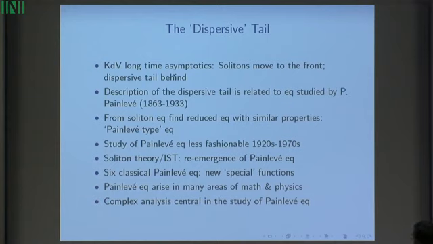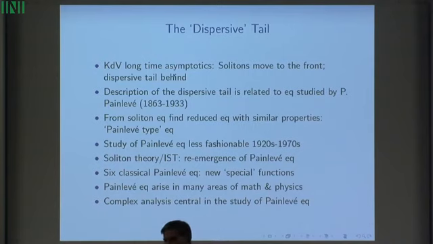And this dispersive tail is related to equations studied by Painlevé. There he is. There are the dates of his life. And what we found, not just for KdV, was that the long-time asymptotics had a portion of it that was dominated by the solution of an equation found by Painlevé.